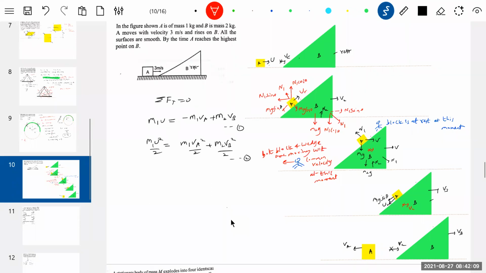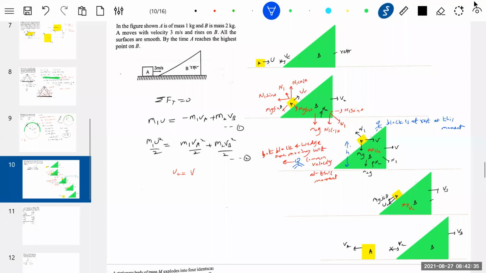With what velocity? With a common velocity. How to calculate that common velocity? Because the block will rise to a certain height. Let me show it in another color.